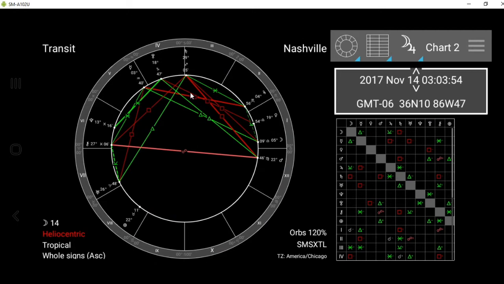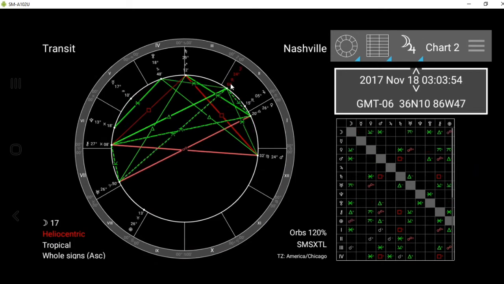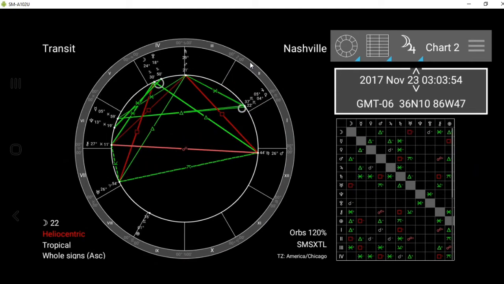Pluto, that's extreme. That's an extreme sort of aspect. So Venus could have been picking up on that. I don't know what else was going on in the market during that time. So many factors. Okay, Venus was in a sextile with Saturn during that time, so that was a good time.